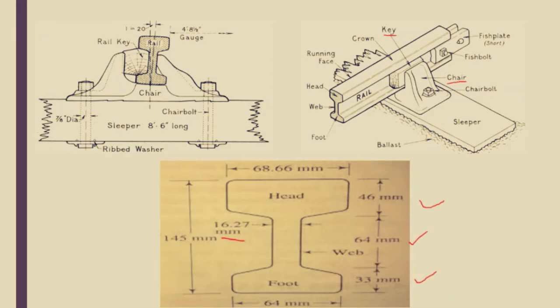That's why this was replaced by flat-footed rails. So you must remember these dimensions of this rail. The university can ask you to draw the figure and label the parts. So at that time you must know the values of each width and depth of the sections.